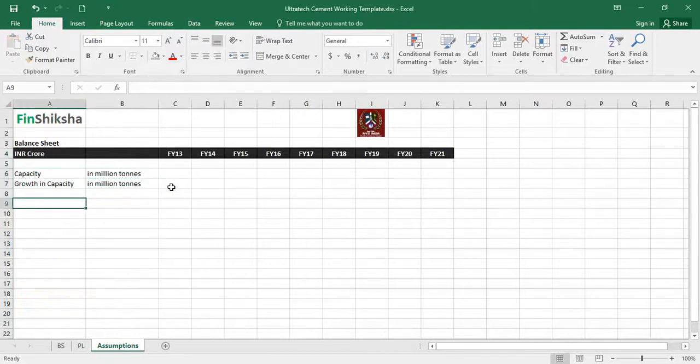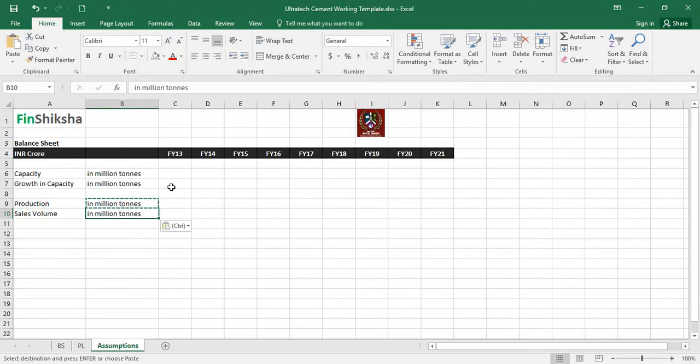Then we are going to look at the production volume, again in million tons. For historical years, we can find out whether everything that is produced has been sold or not. So sales volume, again in million tons. We'll see if we want to add more line items, but the bare minimum data needed is this. And on this, we are going to build our broad revenue drivers, correct? So that's what we will need in terms of the capacity.